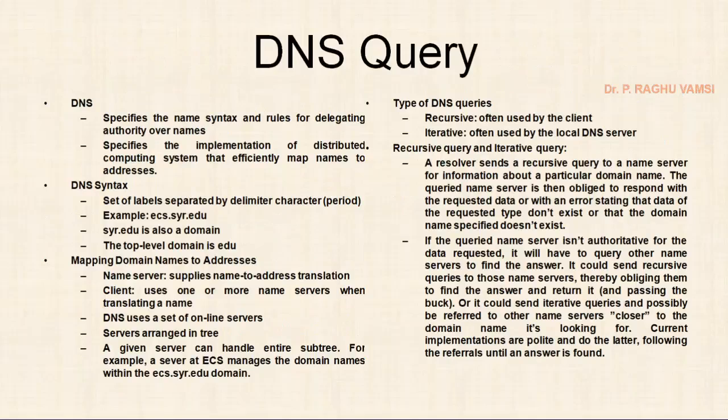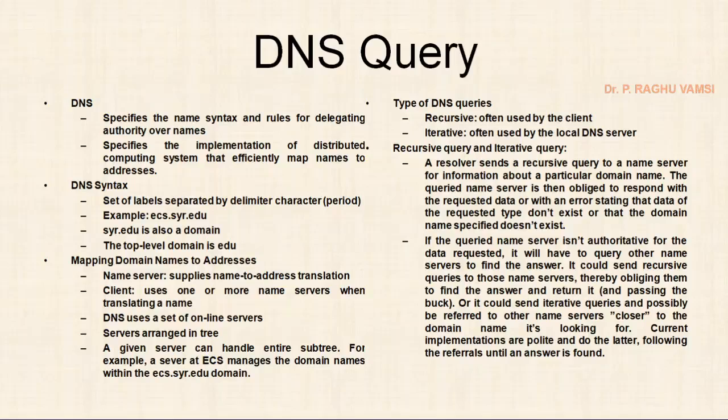So here DNS query, that means if any service wants to resolve the IP address, that is the human readable name to the IP address, then the DNS queries will be used. We'll see what DNS is and its DNS queries. DNS specifies the name syntax and rules for delegating the authority over names, and specifies the implementation of a distributed computing system that efficiently maps names to the addresses.